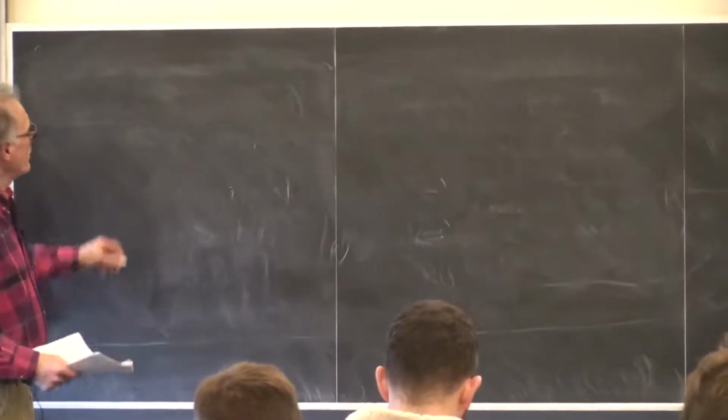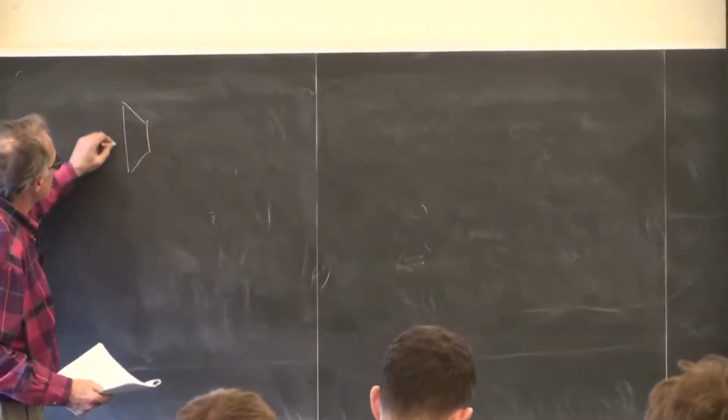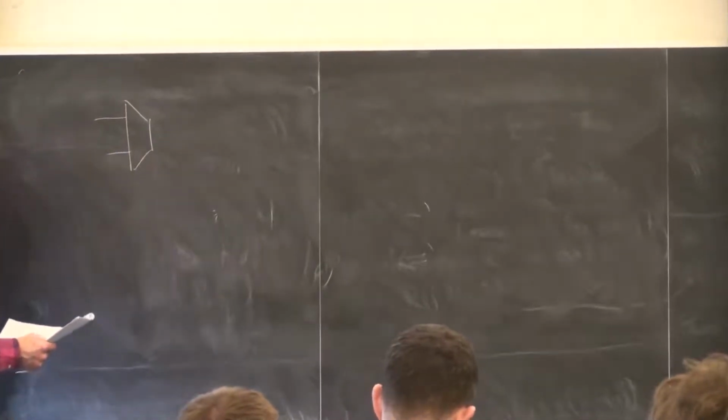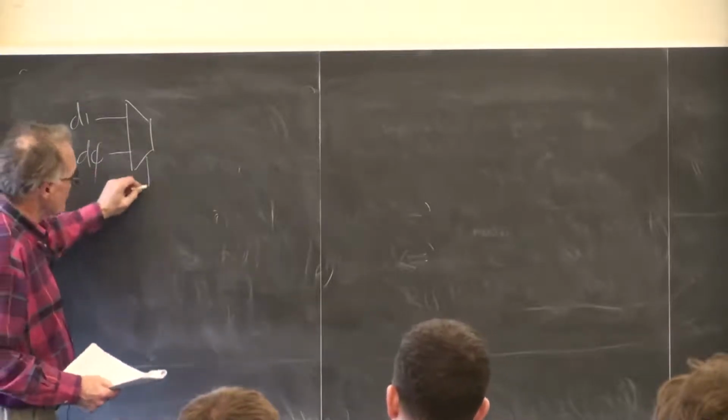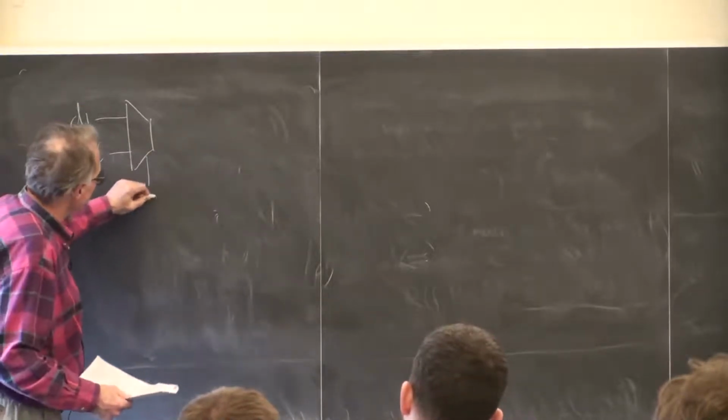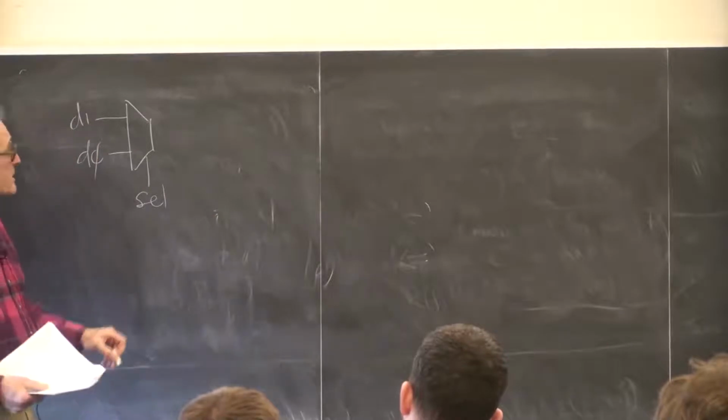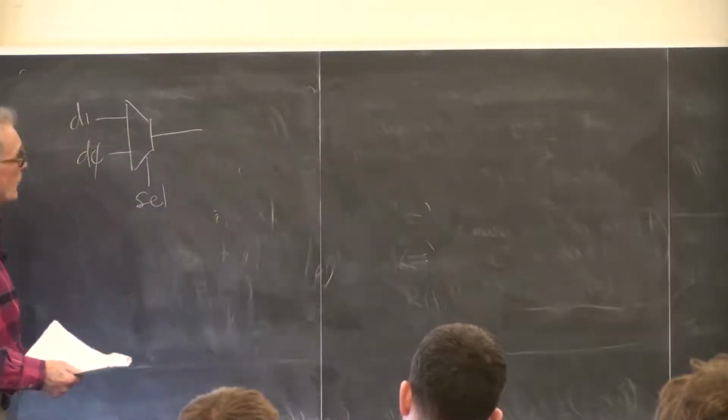So, let's say we want a 2-to-1 mux. We want to build a circuit that looks like this, where we have D1, D0. There's a select bit, so it's only a 1-bit selector, and then we have an output.